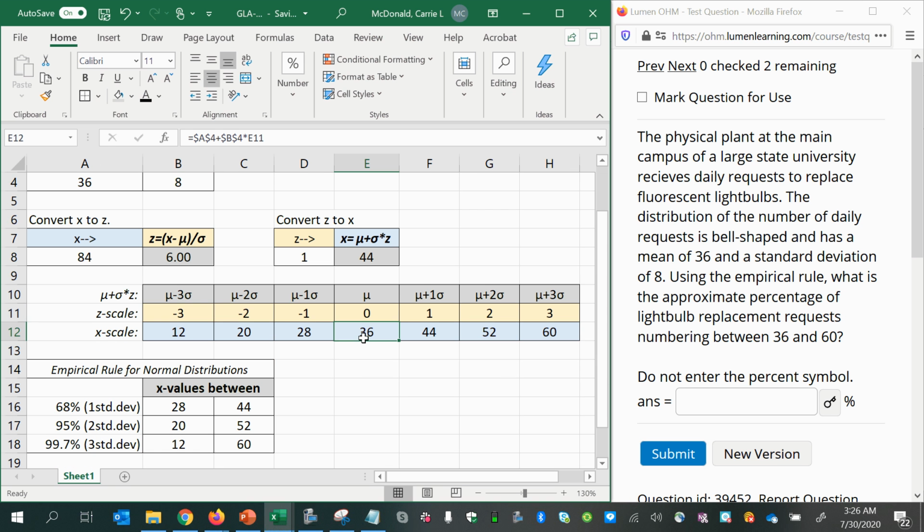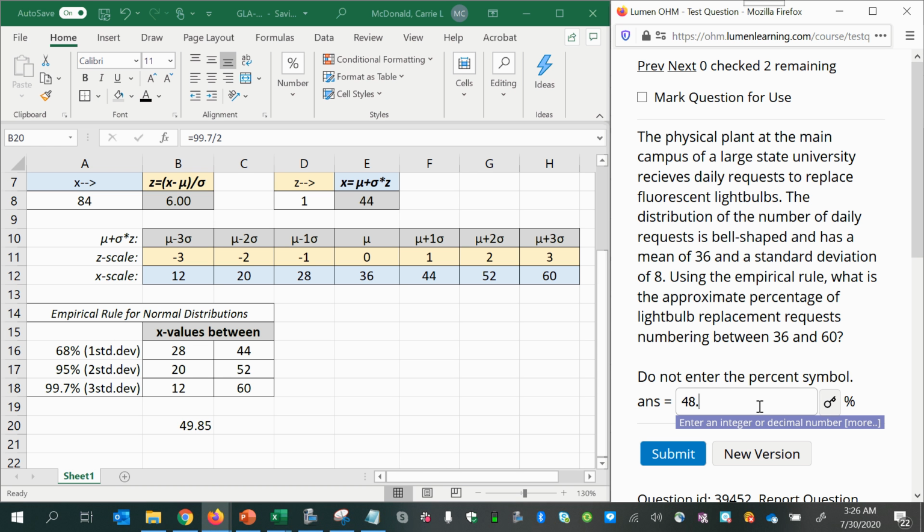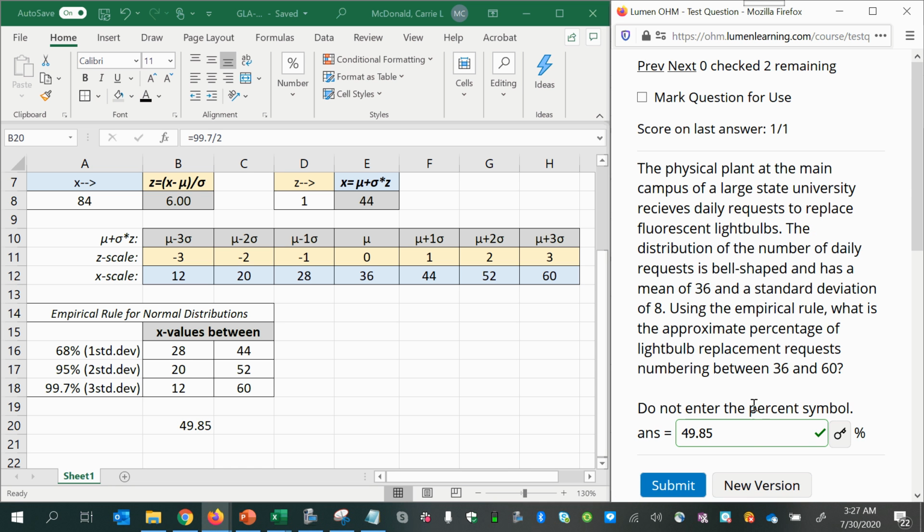So I can see 36 is the mean, 60 is 3 standard deviations above the mean, so I'm going to have the same answer as before, half of 99.7. That took a really long time to type.